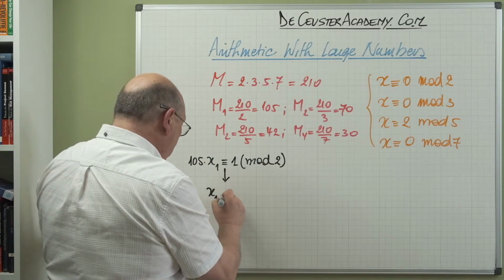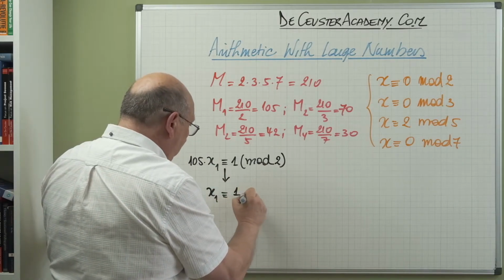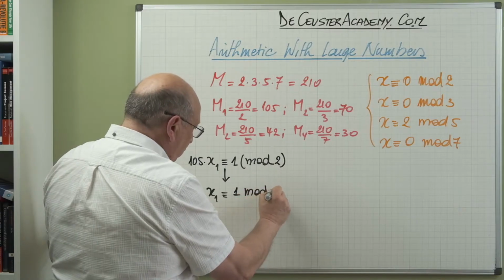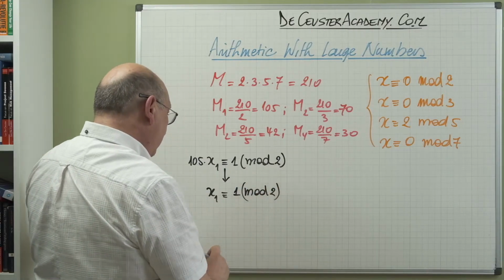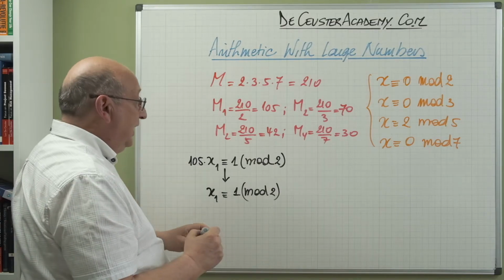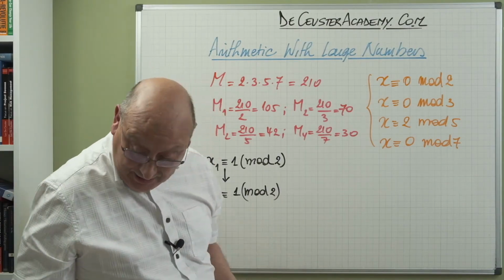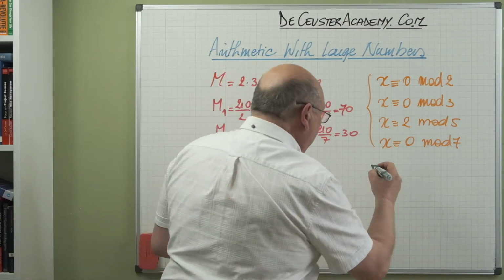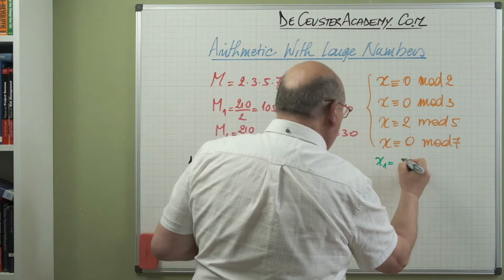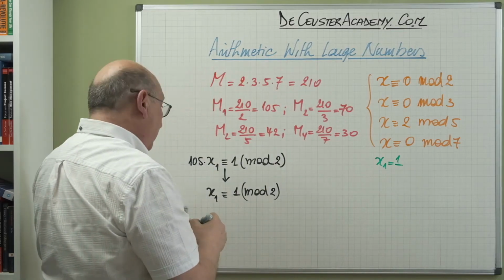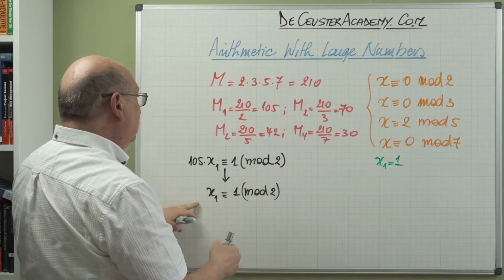So we find x1 is congruent with 1 modulus 2. And that means that we already found x1. So I can write the value for x1 here. x1 is 1.